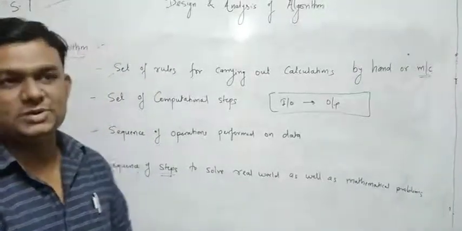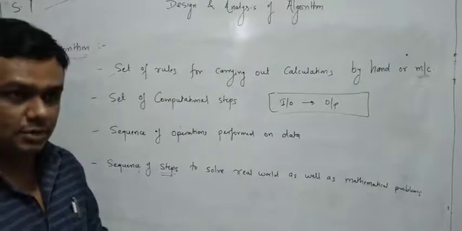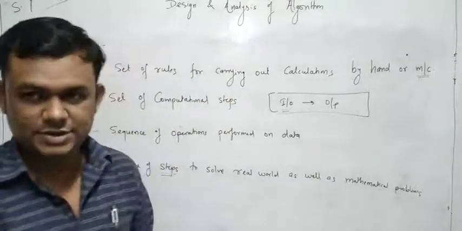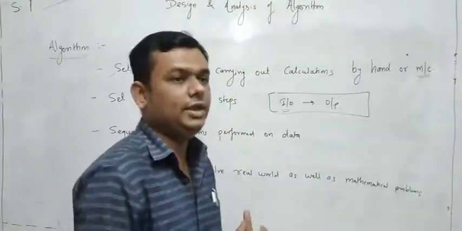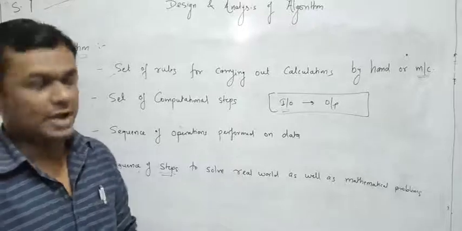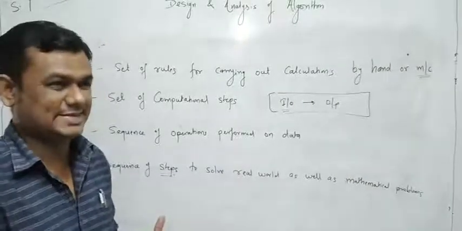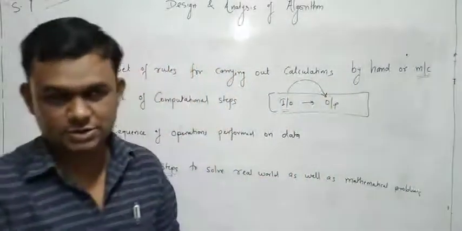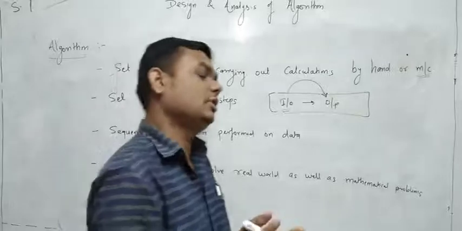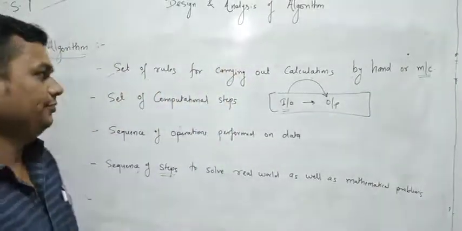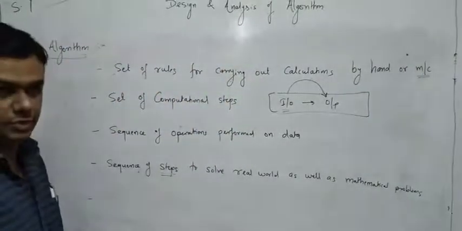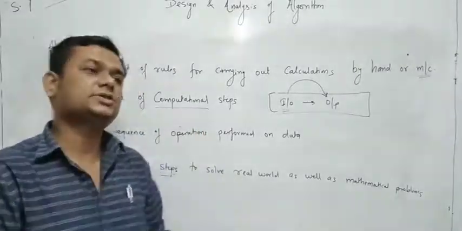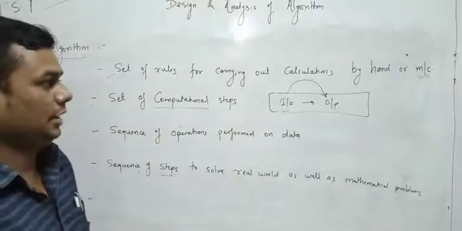For those specific steps, we require a set of inputs, and by taking that set of inputs, we use the algorithm to transform the inputs into output. That is what the algorithm is. So for that purpose we require computational steps, and those computational steps are used to transform input into output.